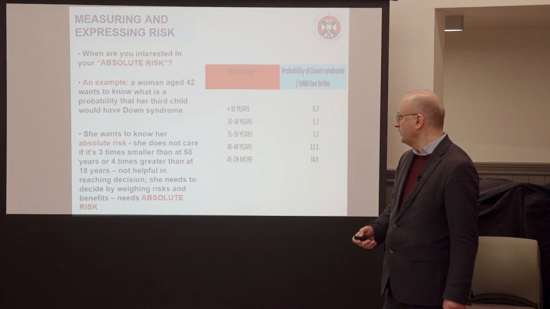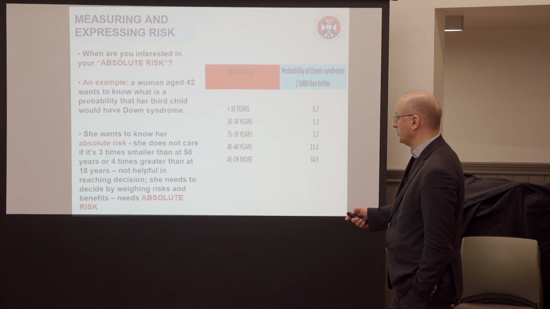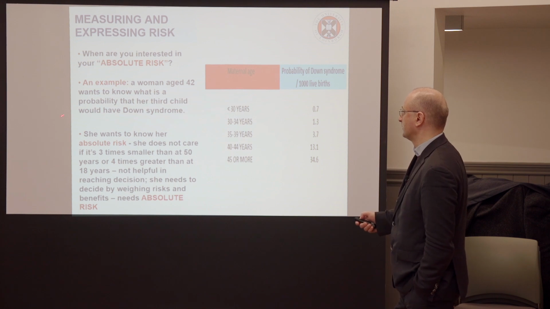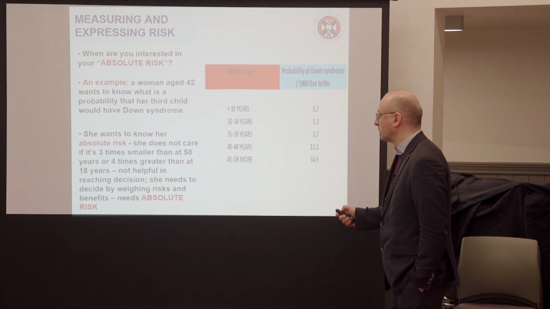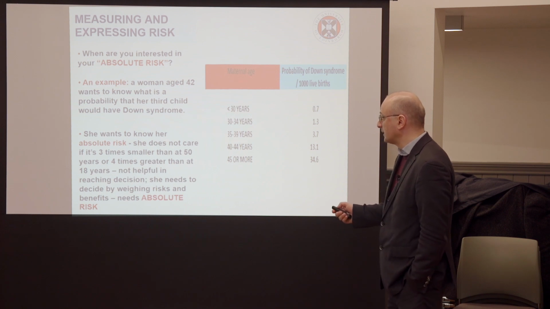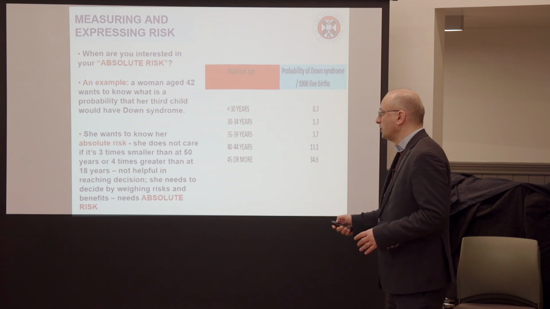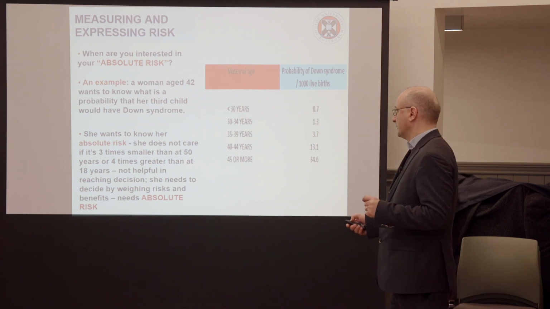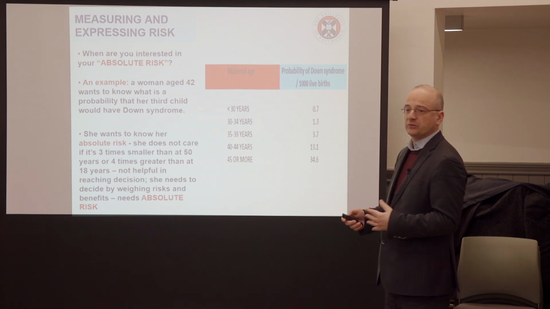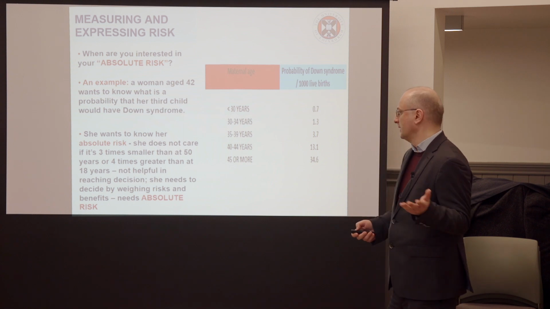So when are you interested in your absolute risk? Well, if you're a woman aged 42 and you want to know what is the probability that your third child, which you're about to deliver, would have, or if you want to have the third child and you're already 42, what is the probability that the child would have Down syndrome? You want to know your absolute risk. You do not care if your risk is 3 times smaller than it will be when you're 50 or 4 times greater than when you were 18.